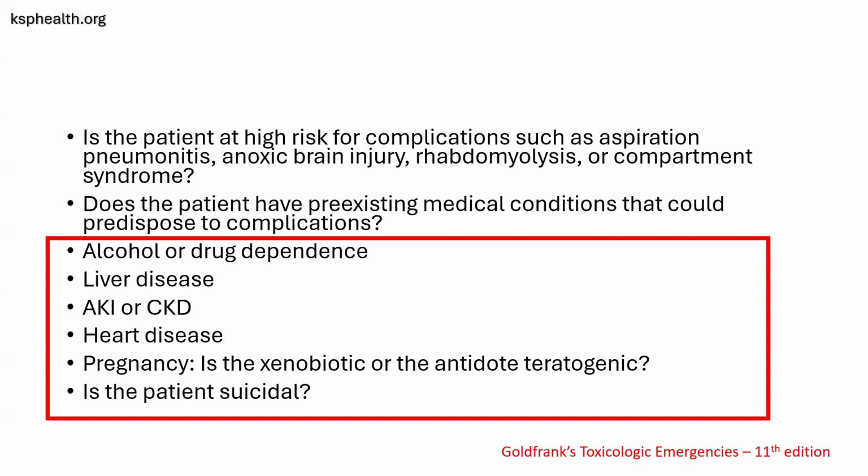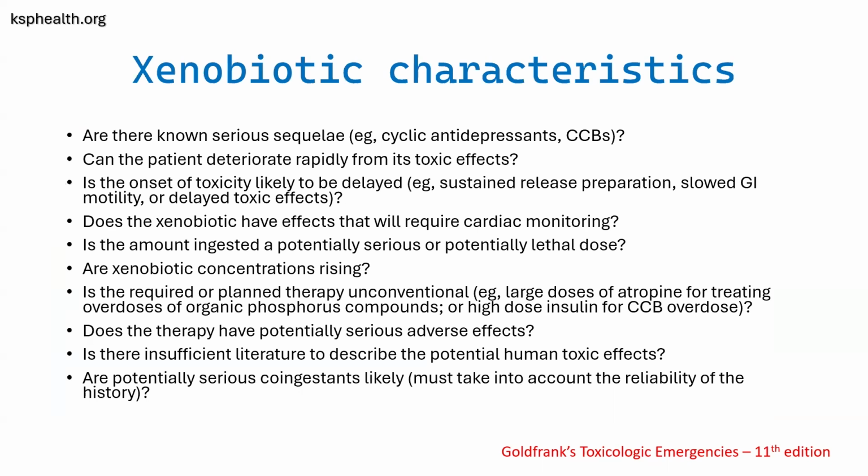Does the patient have other pre-existing medical conditions that predispose them to complications, like alcohol or drug dependence, liver disease, acute kidney injury, chronic kidney disease, heart disease, pregnancy? Is the xenobiotic or the antidote teratogenic? Is the patient suicidal? In those circumstances, you should admit the patient to the ICU.